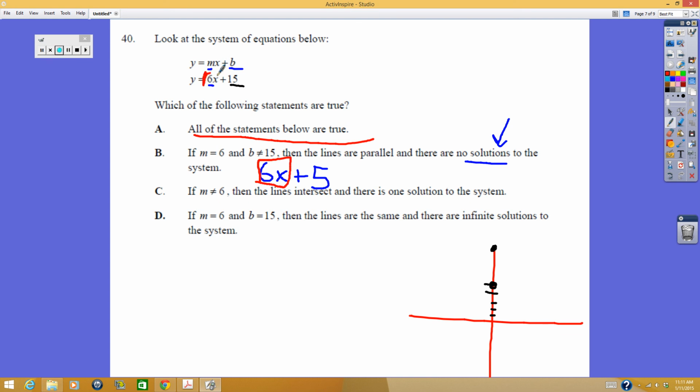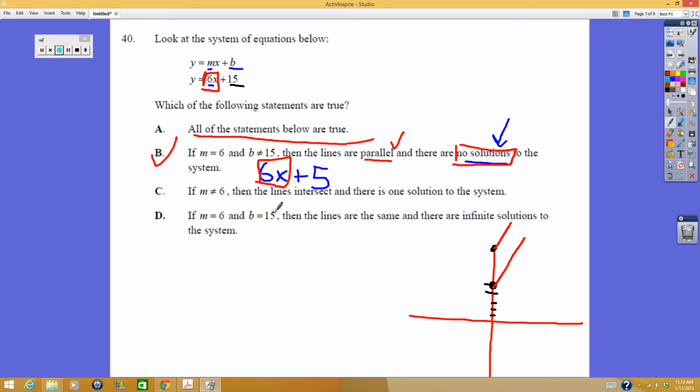The rate of change is going up by 6 for each step. So $6 for each bracelet or whatever. So both of them would be going up at the same speed. Okay? So those lines are parallel. They're never going to cross, which means they would have no solutions, which is correct. Okay? So that is why B is correct.